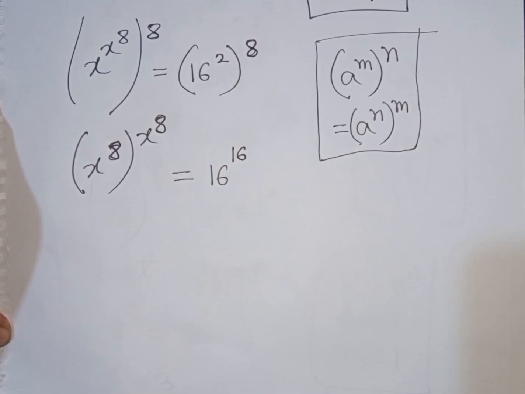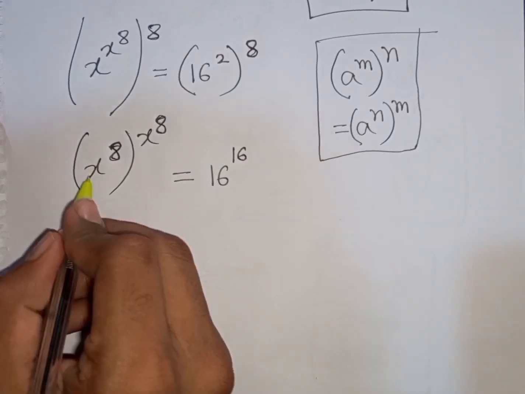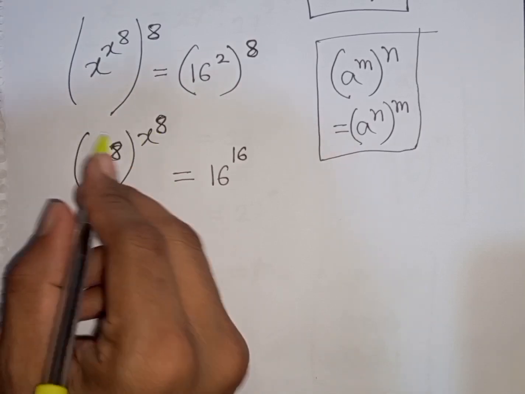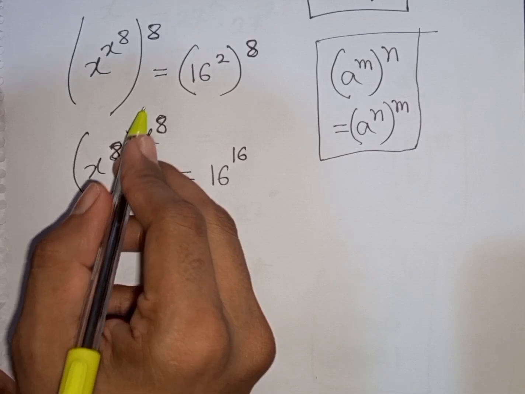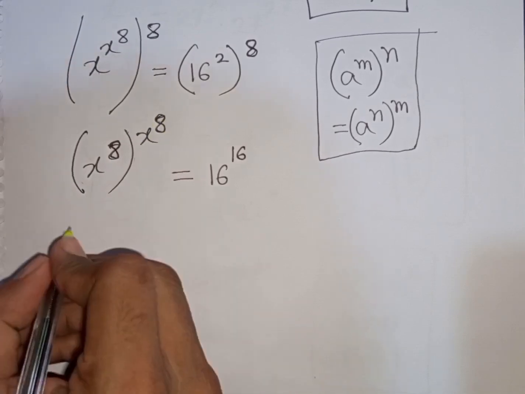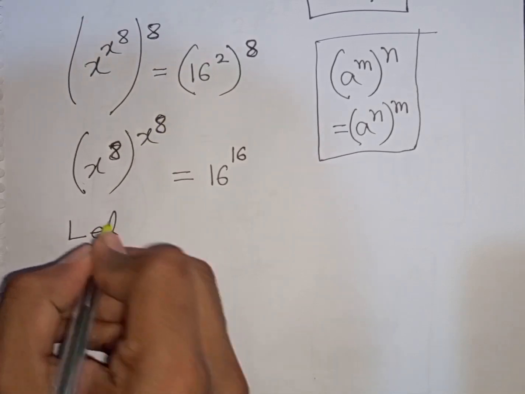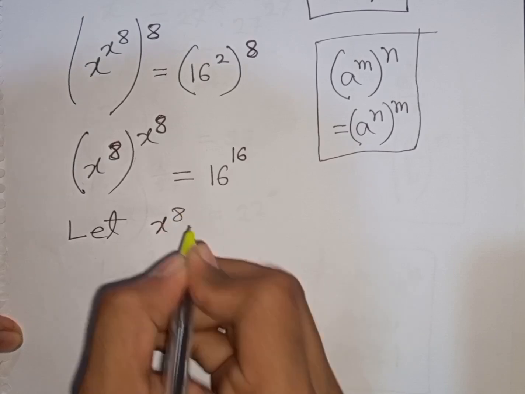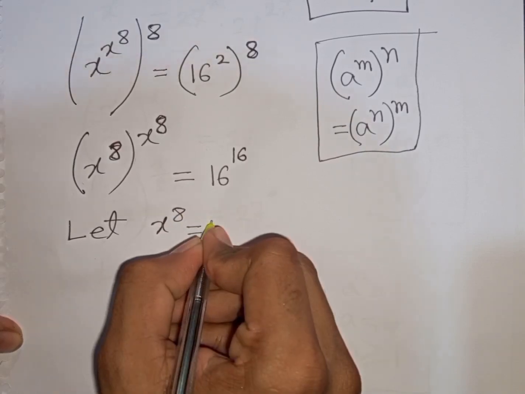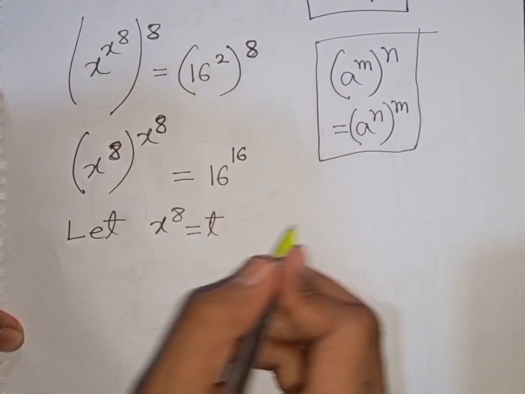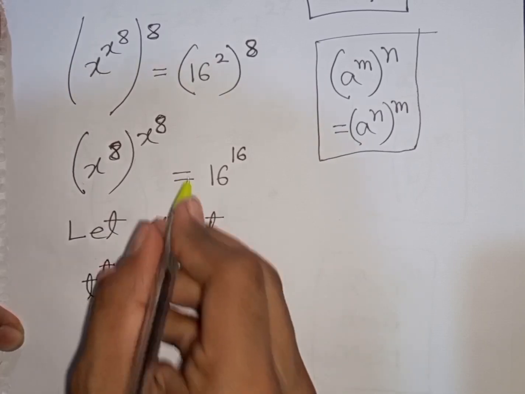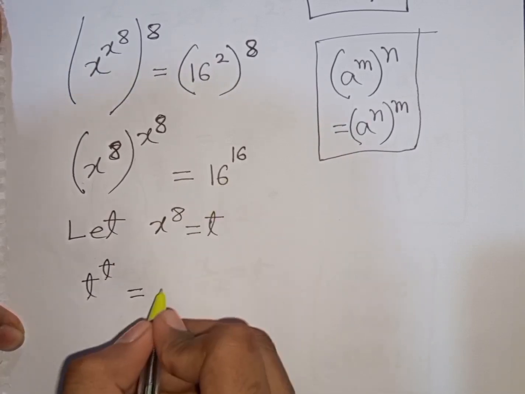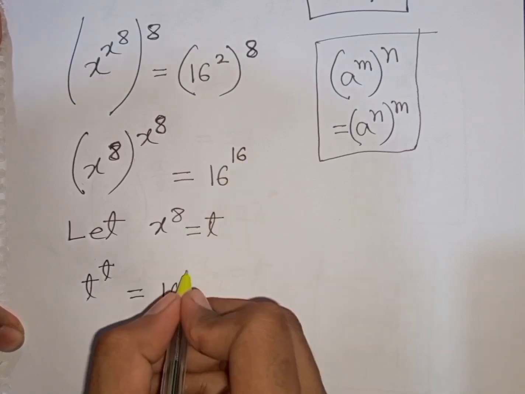Now we see x^8 in both terms: the base and this power are the same. So let x^8 be substituted by t. Our equation will be t^t is equal to 16^16.